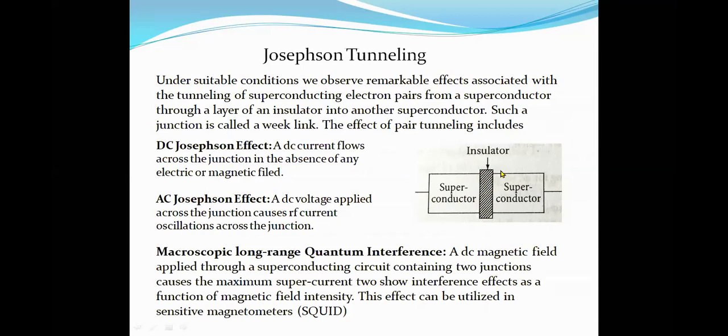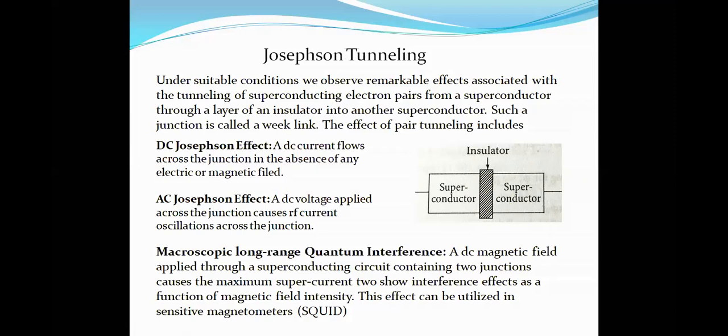This insulator is very thin, so that the current can tunnel across from here to here. You already know the tunneling phenomenon in quantum mechanics, so that the electron can tunnel from one side to the other, though there is an insulating barrier here. But this barrier has to be very, very thin. Only then can this tunneling take place.